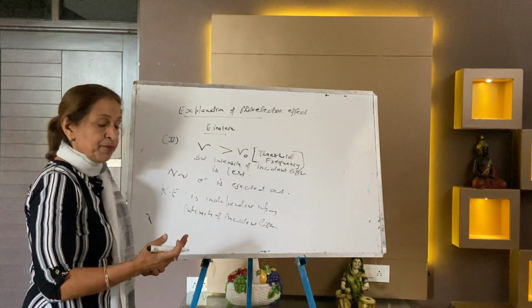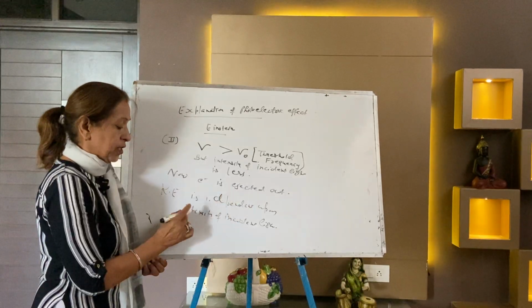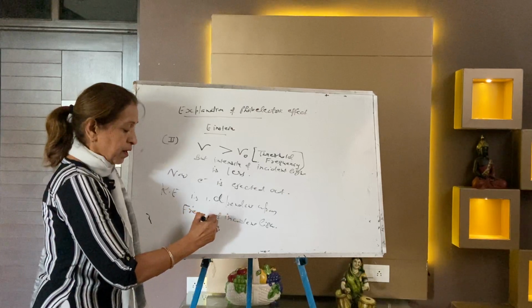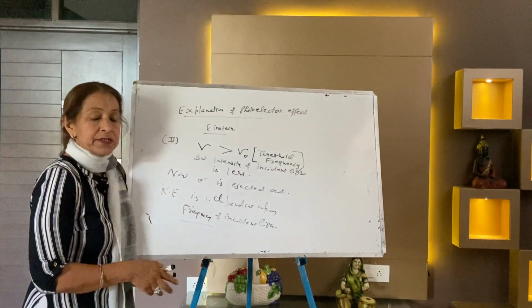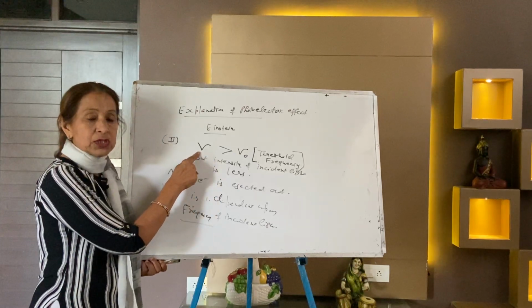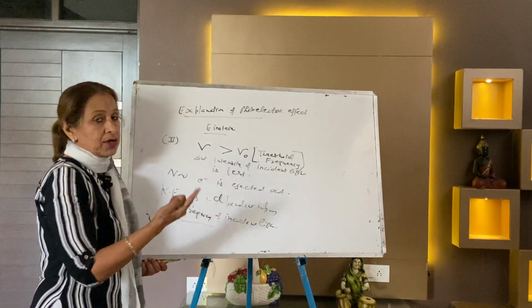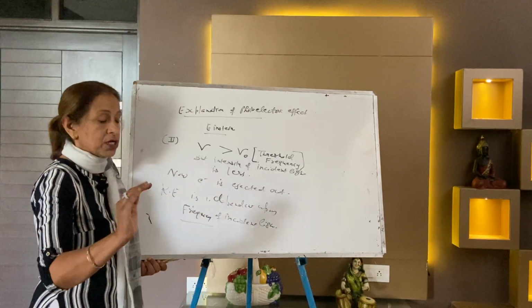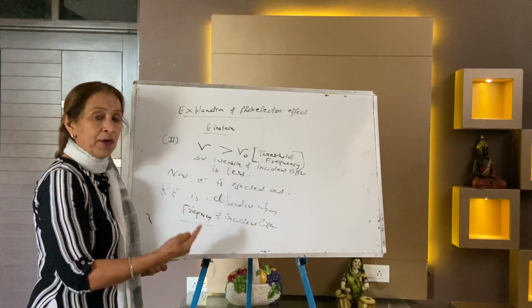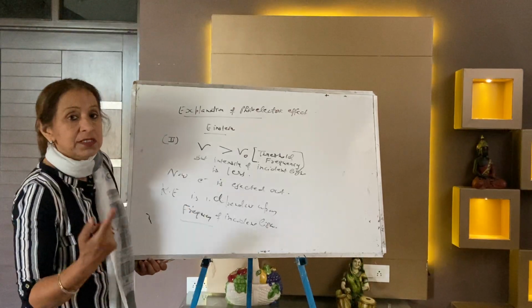So this shows kinetic energy always depends upon the frequency of incident light. Because the frequency of the incident light increased but intensity decreased, electron ejected out. This means kinetic energy is directly proportional to the frequency of the incident light.